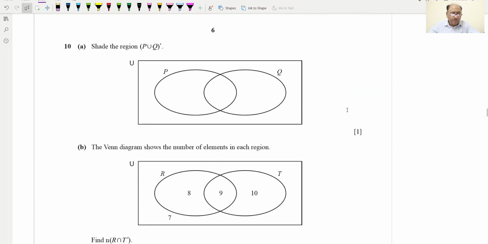Hopefully you understood this. Now question number 10, they're saying shade the region P union Q complement. P union Q is what? P union Q is P and Q included, this one. But they're saying take the complement of this. So complement of this means we have to shade whatever is not shaded in this diagram.